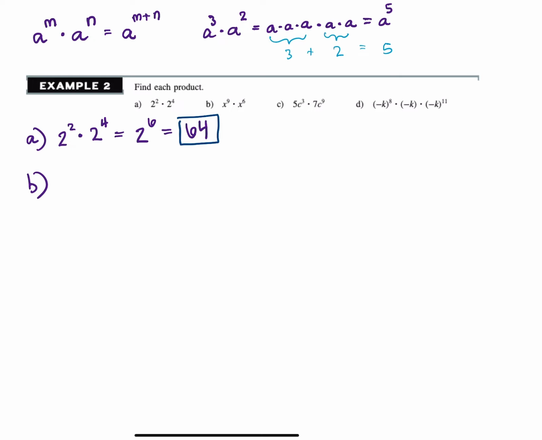Part B, this will work with variables too. We have x to the 9th power times x to the 6th power. So 9 x's multiplied by 6 x's, this is x to the 9 plus 6 power, or x to the 15th power.